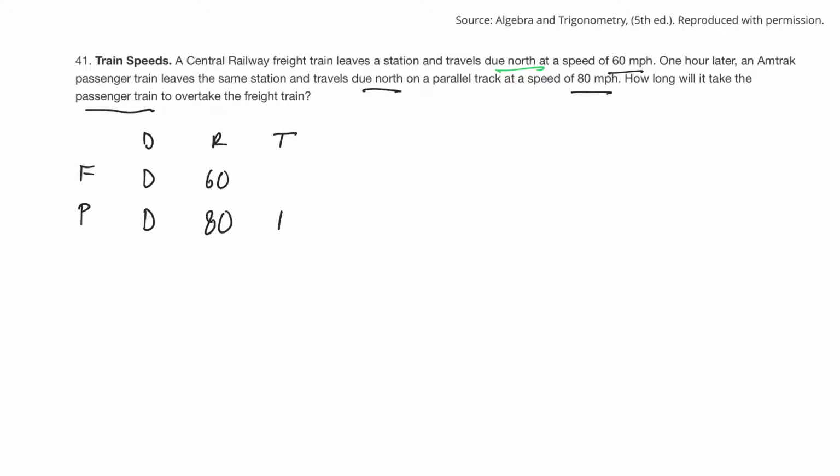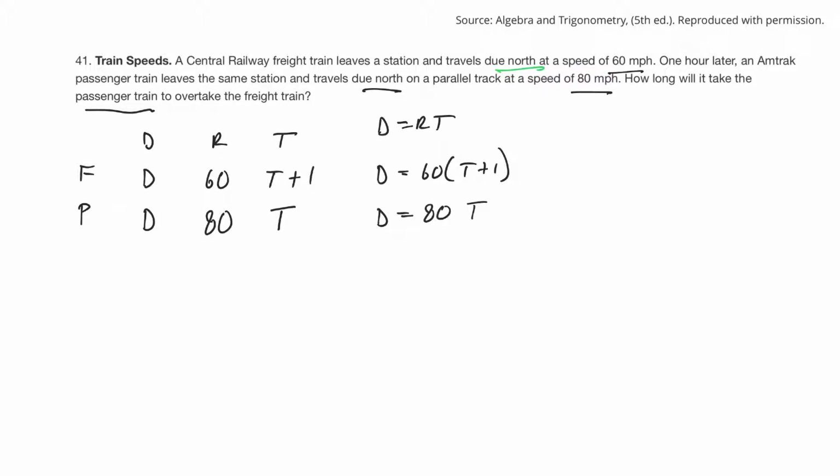So let's say this is t, and then for the freight train, they have an extra hour. So I would call this one t plus 1. Now I know the formula is d equals r times t. So for the freight train, it'd be d is equal to 60 times t plus 1. And for the passenger train, it'd be d is equal to 80 times t.